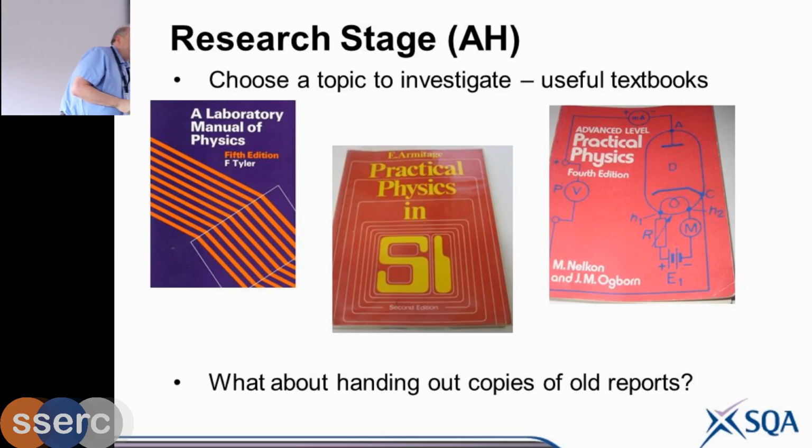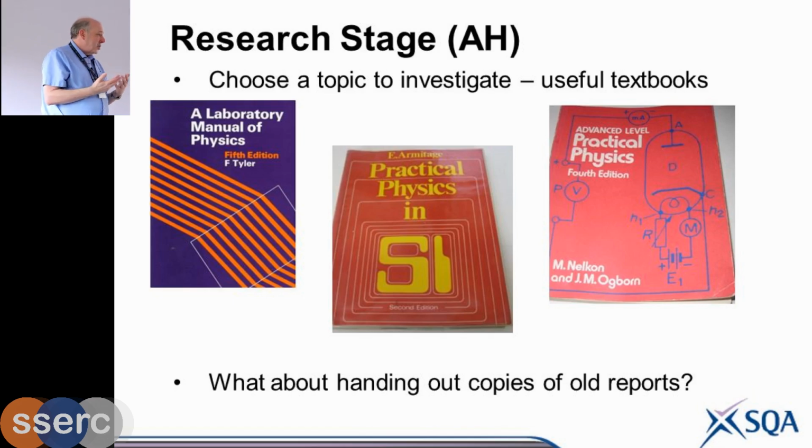These books also tend to have theory behind the experiment in them, but one of the things they do is make huge leaps in the derivations and things like that. If your candidate is tempted to just copy down what's inside Tyler, then they're not really showing much understanding.